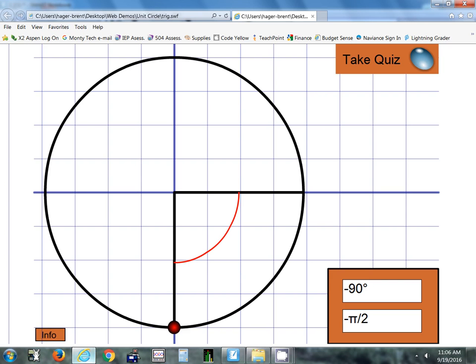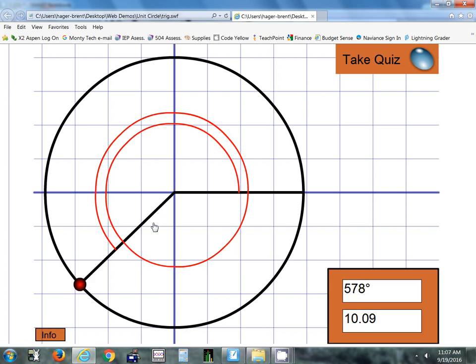How about Nick? 360. Yeah. If he wasn't sure, my hint was going to be to go around one time and stop right back where you started. When you go around one time, you add 360. So that's one way we can make negative angles positive.